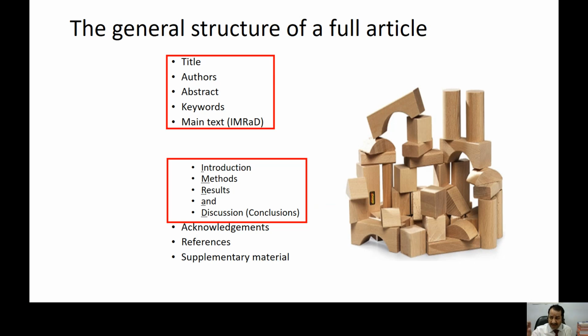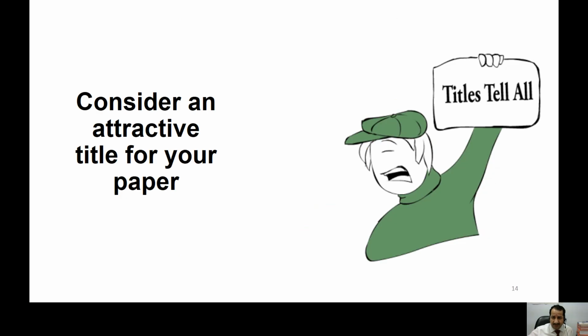Keywords, the keys by which people are going to search for your work. Main text, I call it IMRAD. IMRAD means I for introduction, M for methods, R for results, and discussion. So this is the sequence, okay? And acknowledgement, references, supplementary material, for example appendices, and if you want a nomenclature, add it at the end. I will brief each one of them in my discussion here.